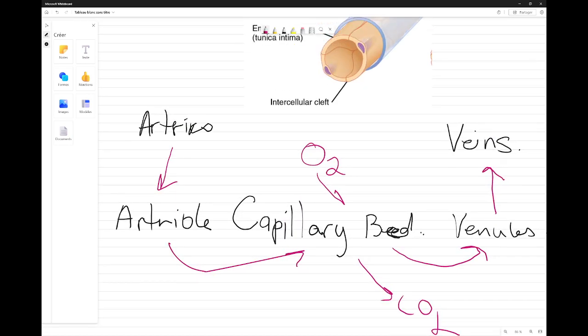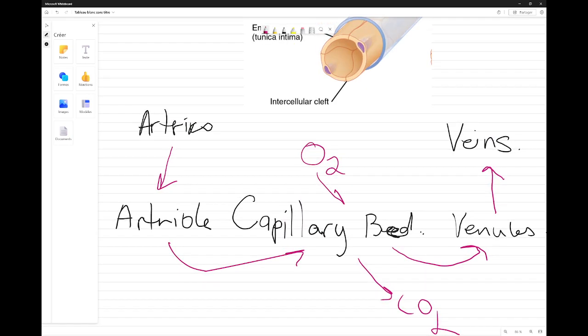So the capillary is there to serve as a linking point. If you think of the arteries and the veins as two different highways, the arterioles and the venules would be main roads branching off of those highways, and the capillary would be the cellular neighborhood, in a way.